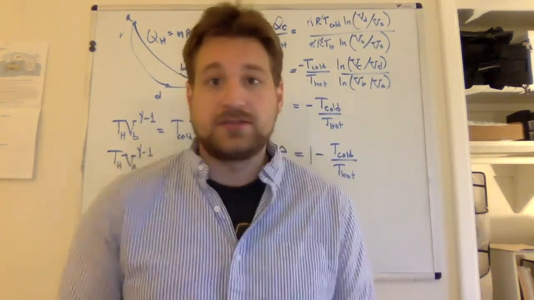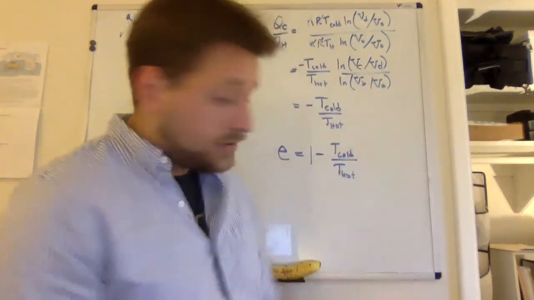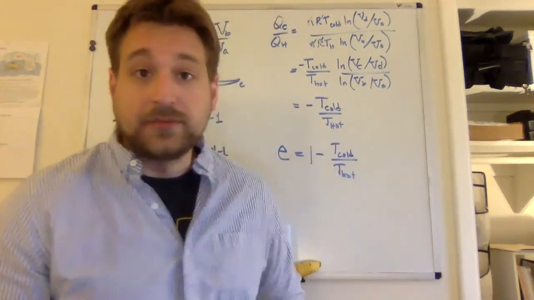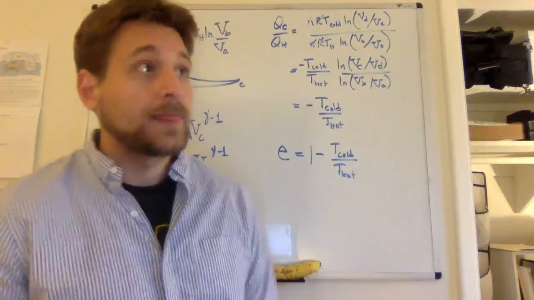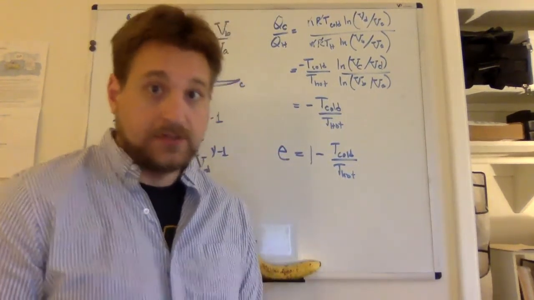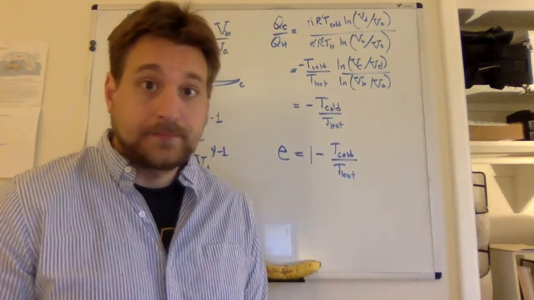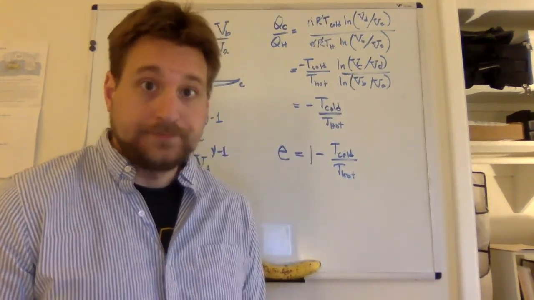And it's just a problem with asymptotes, which means the numerator will never be zero, which means the efficiency of a Carnot engine will never be 100%. Ever.